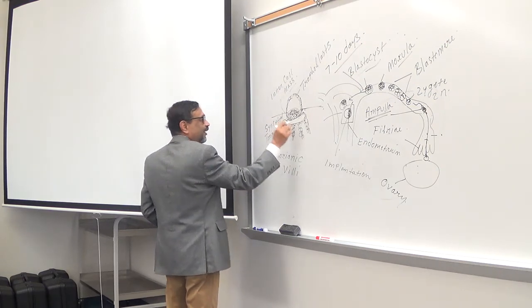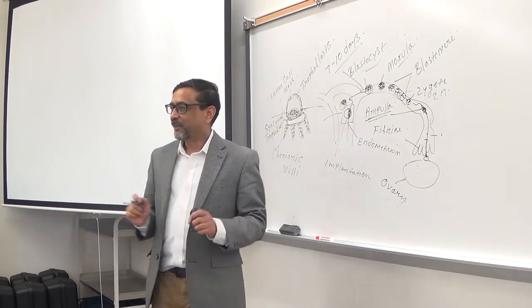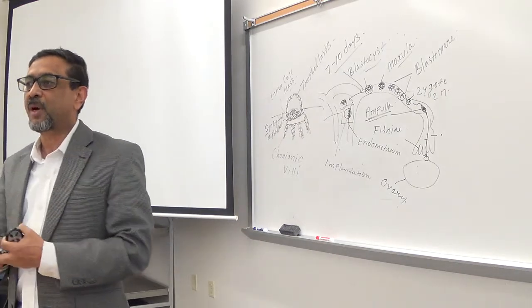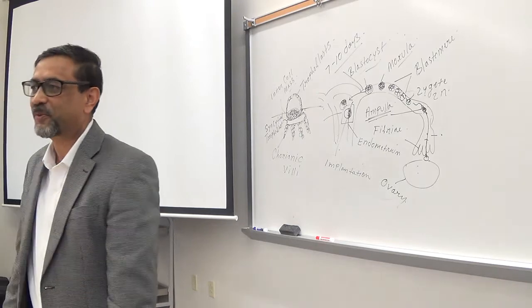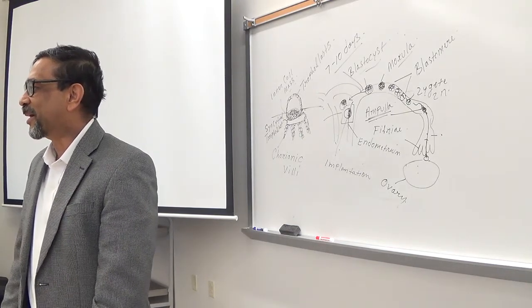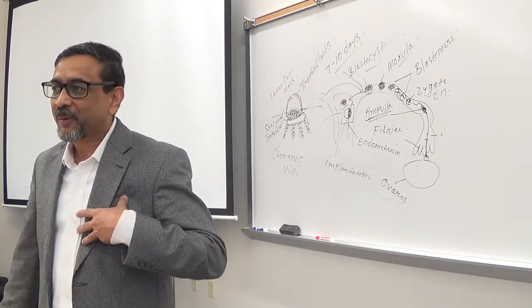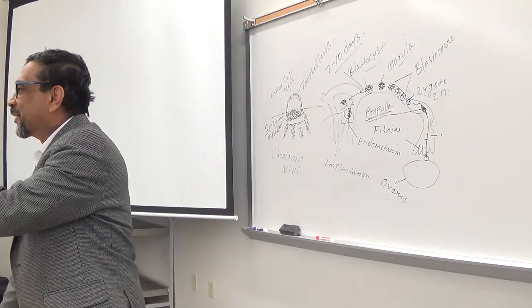Why is it called syncytial? Let's go back. Have you heard the word syncytium? Anybody? Sounds familiar? In cardiac muscle, yes. When we talked about the properties of heart muscle, one property was what?